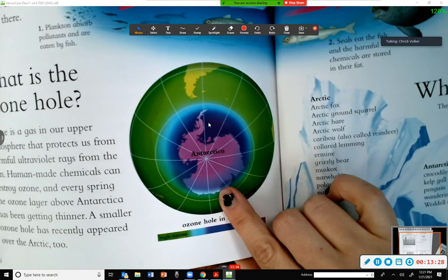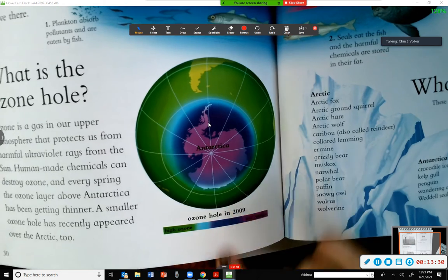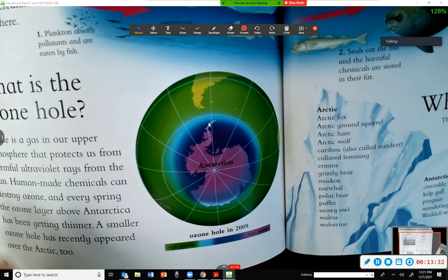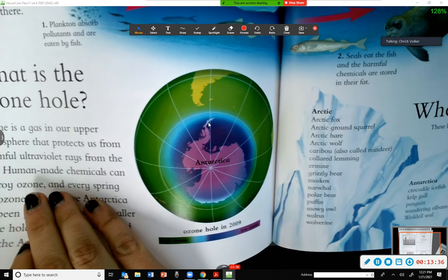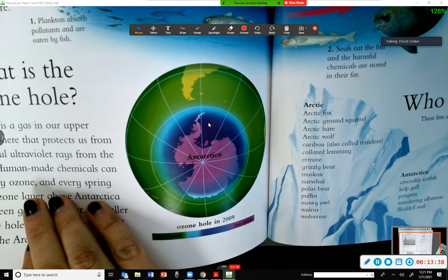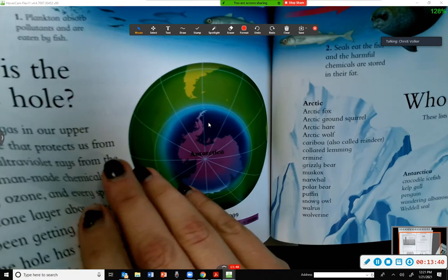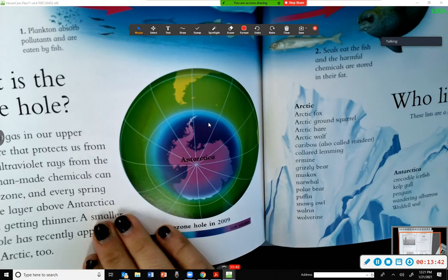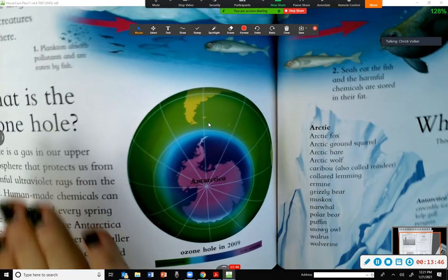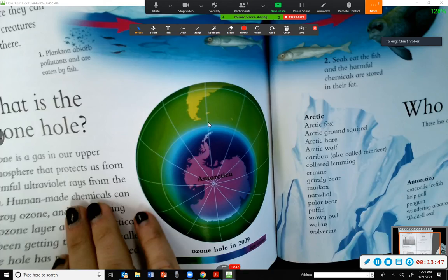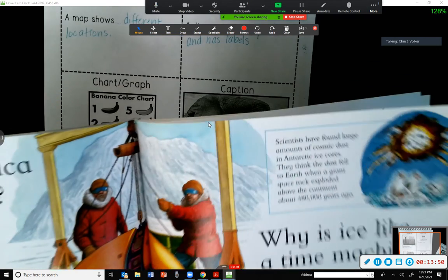What text feature? That is a diagram. Diagram? No, it doesn't have labeled parts. So if it's America, it's a what? Map. A map. Okay. That has spots on it, like what says America?